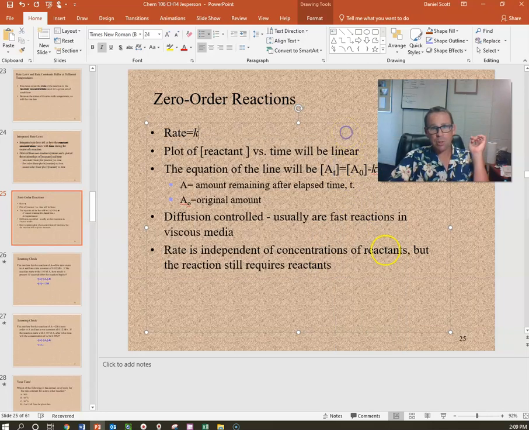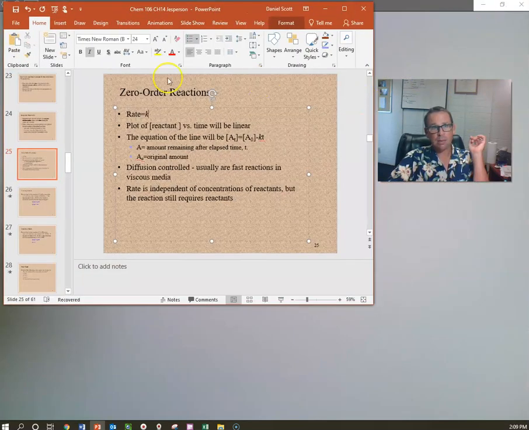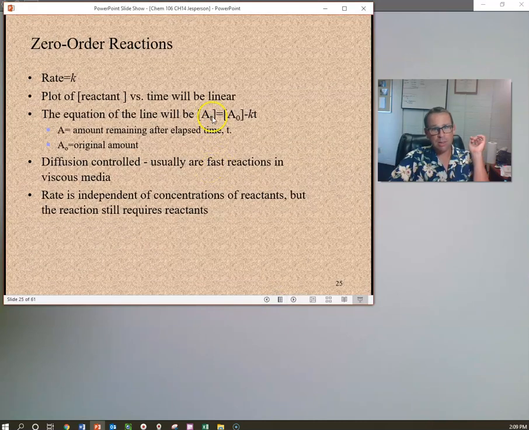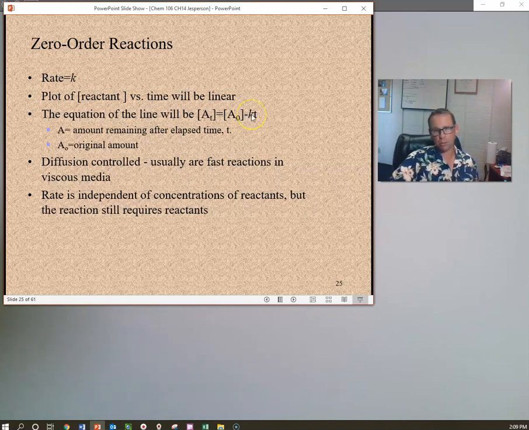Because that subscript T there, what that means is that the concentration at time T, whatever time you're interested in, equals the initial concentration. That's what concentration at time 0 means, minus the rate constant times time, however much time you allow for the reaction to occur, right?